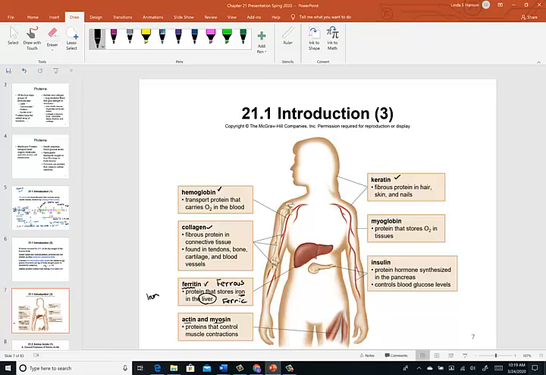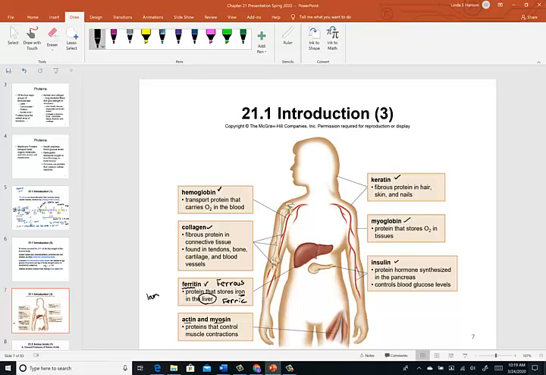Keratin. This is a fibrous protein in hair, in your fingernails, and in your skin. Myoglobin. That's a protein that stores oxygen in the tissues. And finally, insulin. Insulin is a protein that's synthesized in the pancreas to help control blood sugar levels.